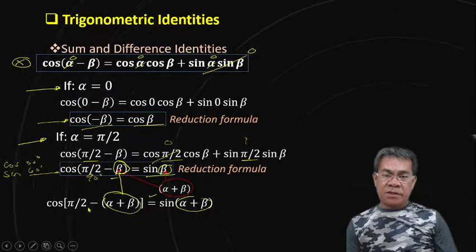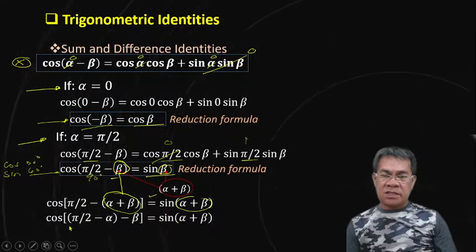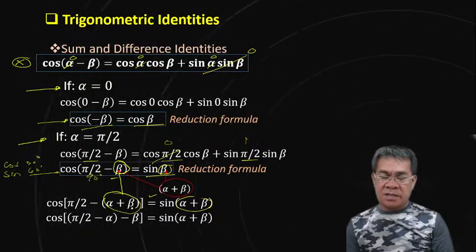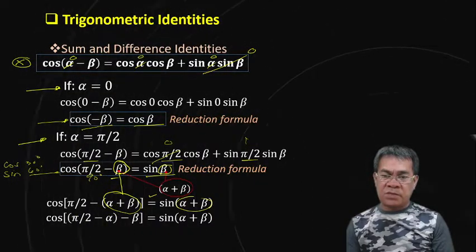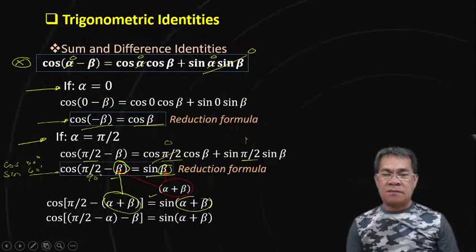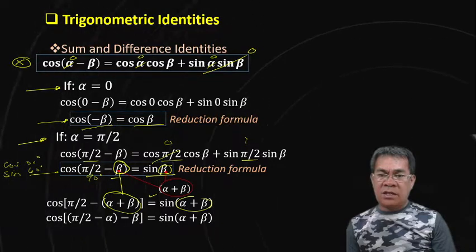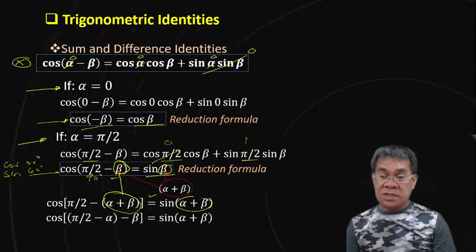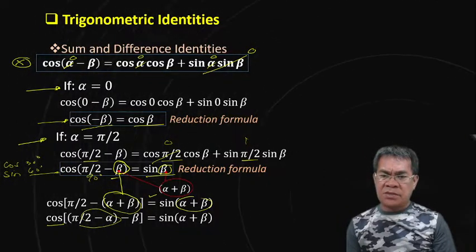Now if you remove the grouping symbol here, the result becomes minus alpha minus beta, and we need to regroup that value. Okay. Now we will use the difference identities of cosine. Take note, this is cosine, and this is one angle minus another angle.